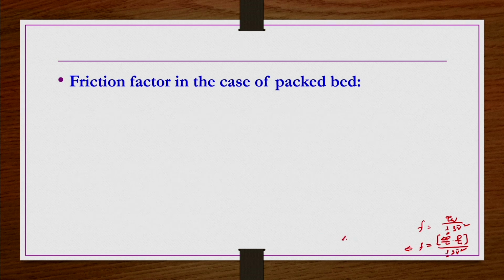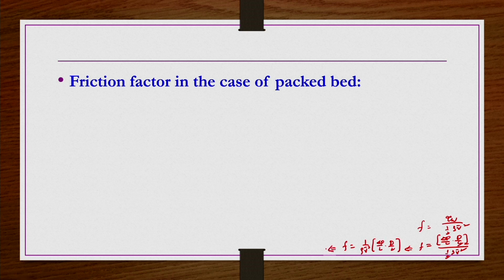If you rearrange this equation, f is equal to 1 by rho v bar square multiplied by delta p by L into d by 2, you will get.